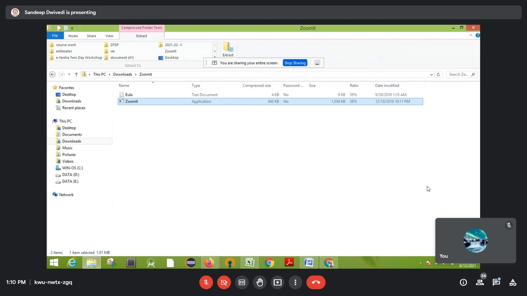Given x of n is equal to small n plus 1, and capital N is equal to 8.